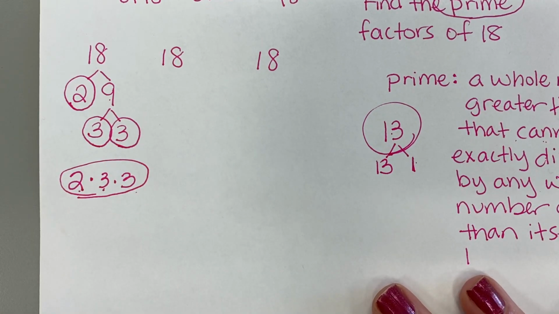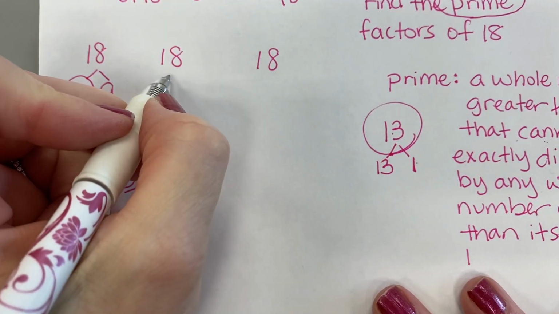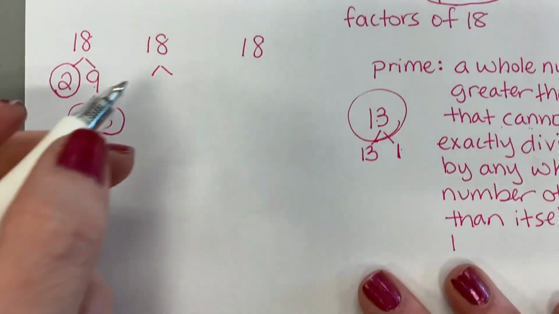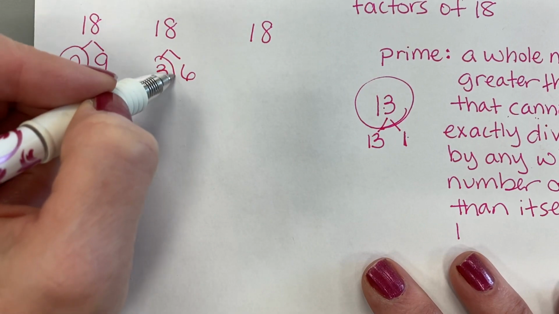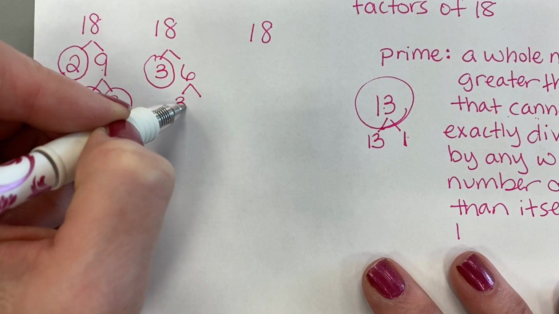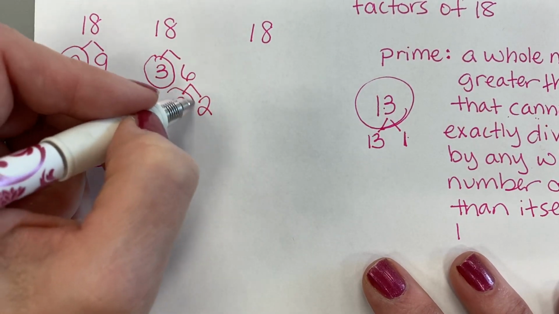But what's really cool is it doesn't matter which set of factors you start with. Let's say we would have started back with 3 and 6 that we had chosen up top here. 3 is prime, but 6 is not, so you would keep going. 6 can be divided by 3, and that would be 3 times 2. Those are prime.